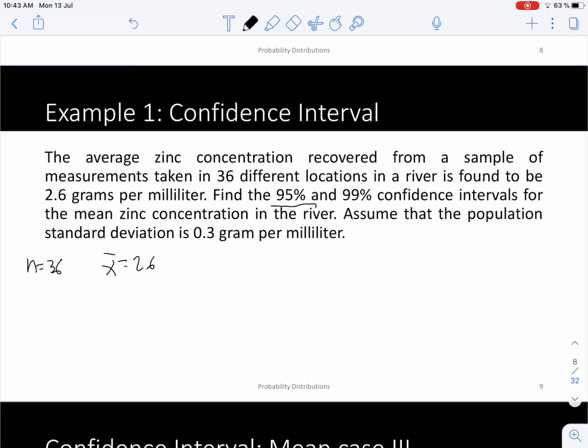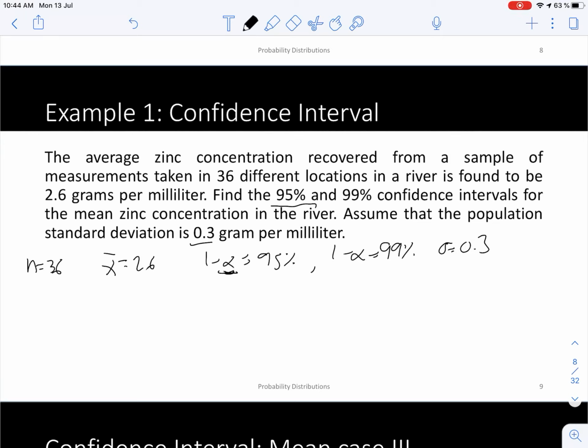So we want to find two confidence intervals, one for a 1 minus alpha of 95% or significance level of 5%, and the other one for 1 minus alpha equal to 99%. Assume that the population standard deviation is 0.3, so it's given, it is known. Alright, so we have sigma equal to 0.3. Okay, so we're gonna use the normal distribution in this case.